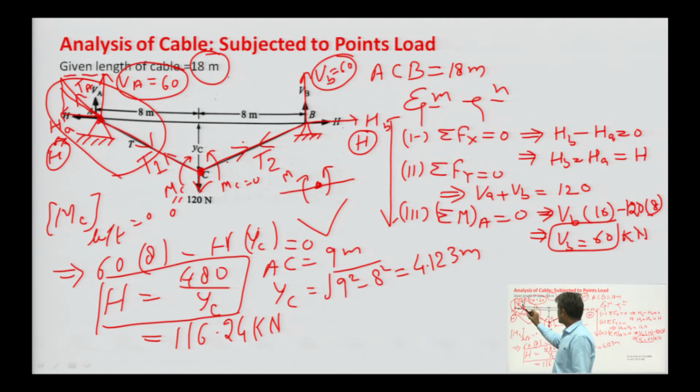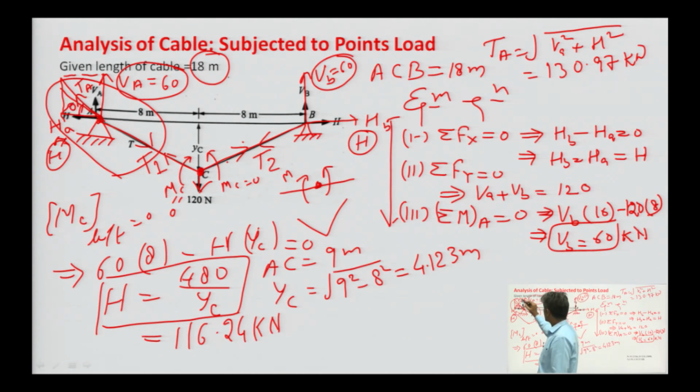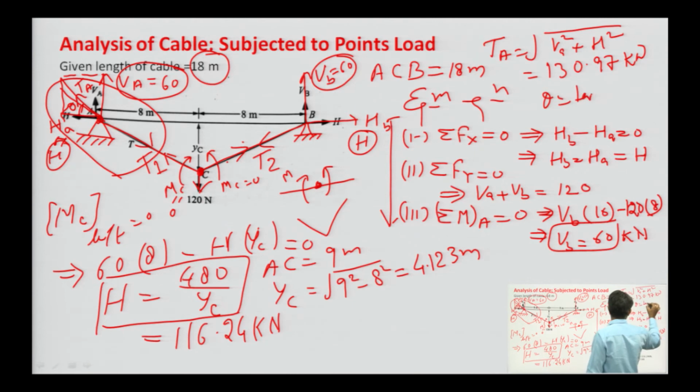By taking the FBD at this joint, we get the value of T1 equal to TA. The value of TA can be calculated easily as the square root of VA squared plus H squared, and by putting in the values, this is 130.97 kilonewton. You can also calculate the value of theta: theta will be tan inverse of VA divided by H.